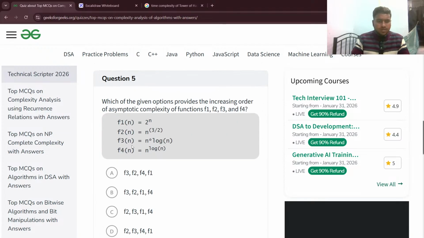Now let me check it up. Which of the given options provides the increasing order of asymptotic complexity of functions F1, F2, F3, and F4? Basically, what we have to do is arrange all the functions by their asymptotic complexity.